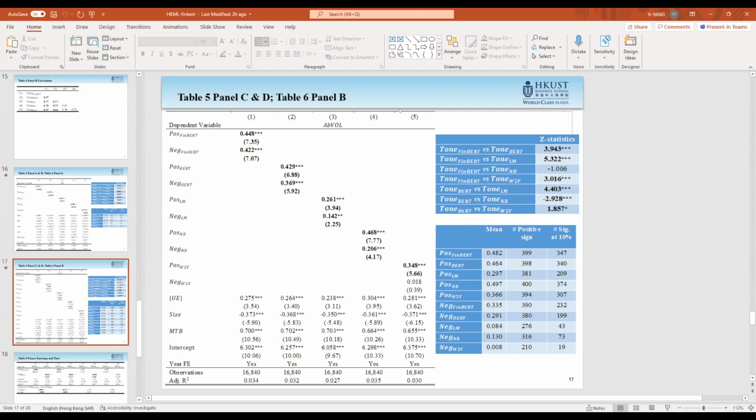And we show that the FinBERT model is more statistically significantly correlated with the abnormal volume compared against other methods. So the takeaway is that if you want to derive sentiment signals from the earnings conference call, you'd better use FinBERT, because that one can better gauge the sentiment in the earnings conference call transcripts.